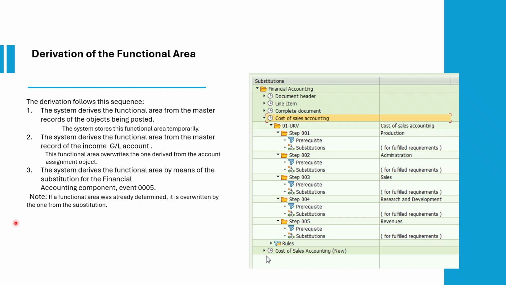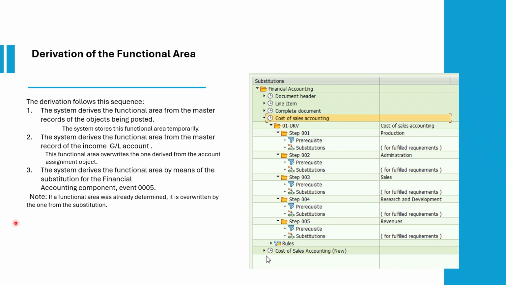Then the system retains these functional areas when you do postings. But the thing is, it can be overwritten by subsequent checks. The functional area you have maintained on other objects like the sales order can be overwritten when it impacts some GL accounts in the line item of the documents.